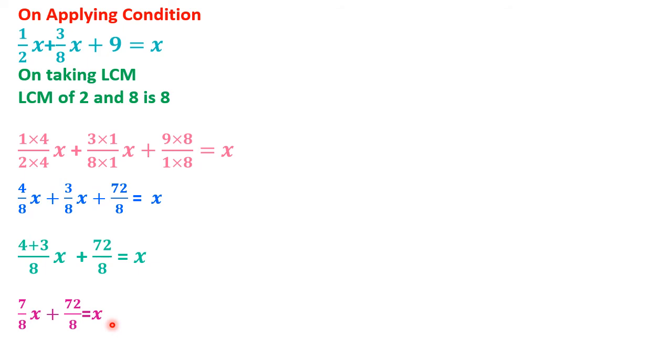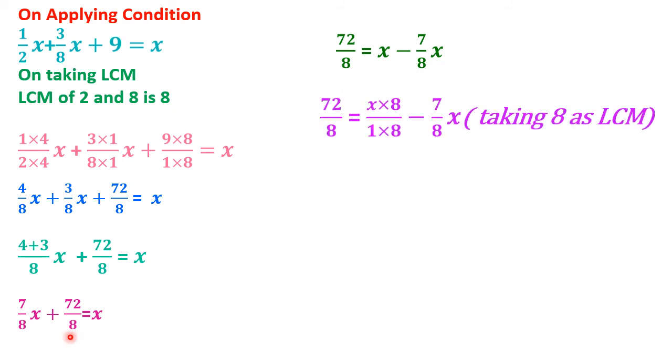And in the next step, we are going to transpose this 7 upon 8x to the RHS. Because as I told you, we are going to group the variables. So that variables are in RHS and the rational number 72 upon 8 is in LHS. Again, we need to take LCM. Why we are taking LCM? Because let me explain you.